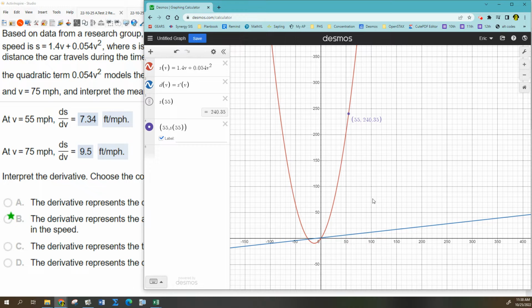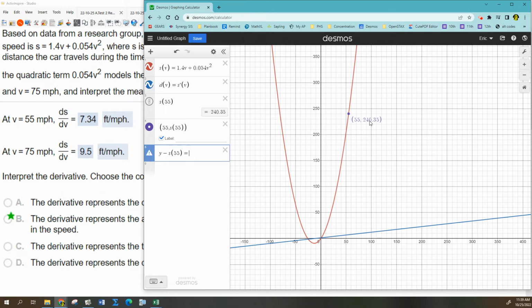Okay, so what are the ingredients? I don't have to make this fancy. I just need to come up with a line with the equation of the tangent line. Let's just leave it in point slope form. So that's going to be y minus the y value of that point, which is just, how could I say that without having to put a decimal in? S of 55. So y minus S of 55 equals my slope. Well, what's my slope?